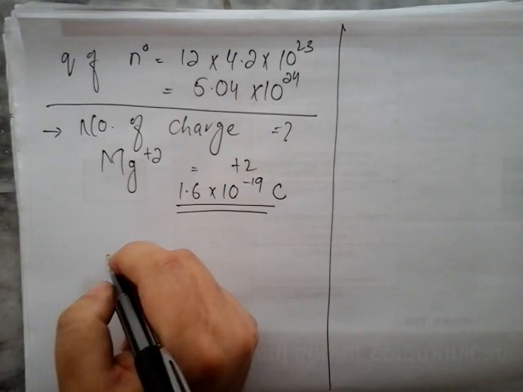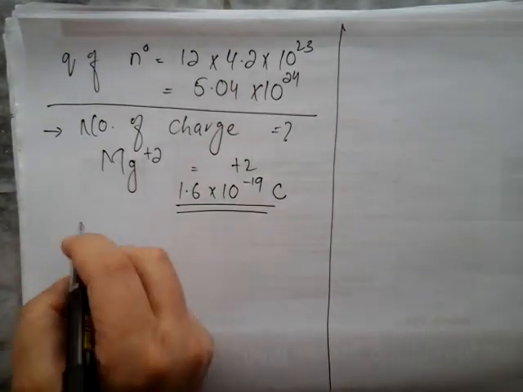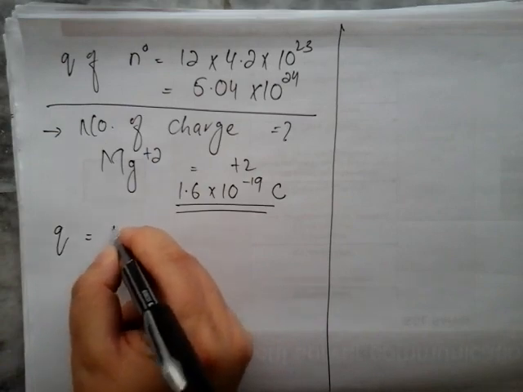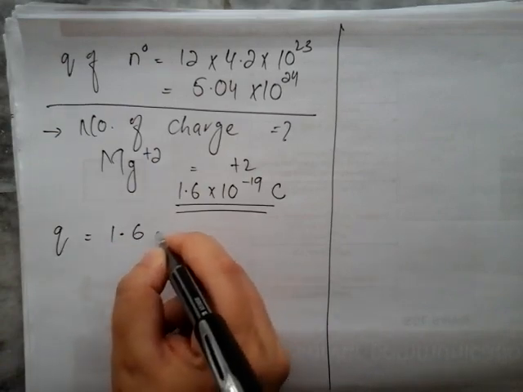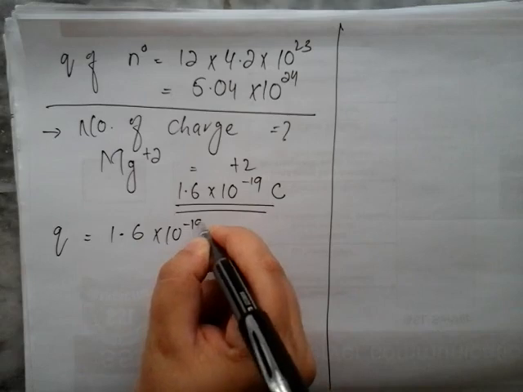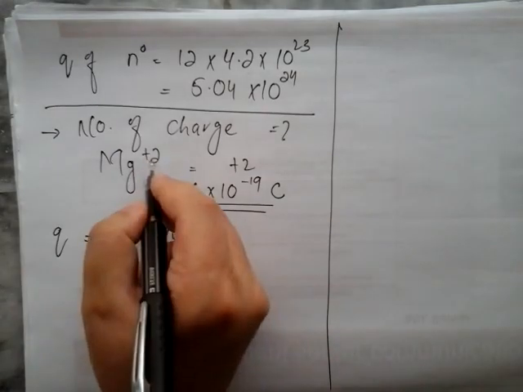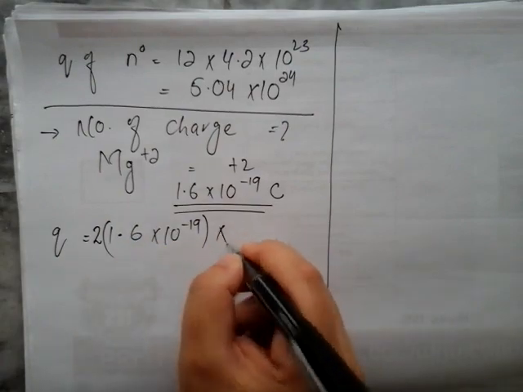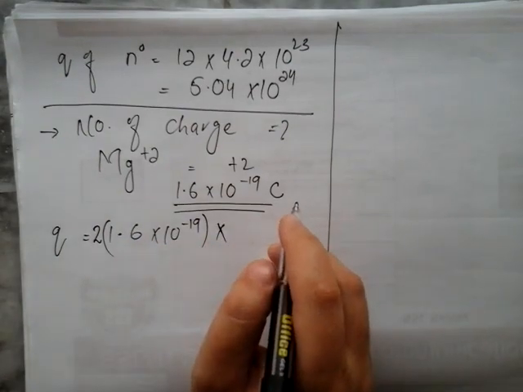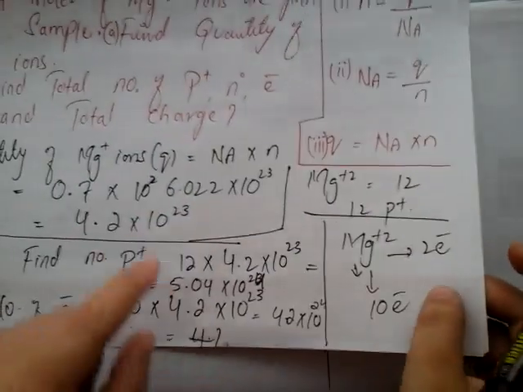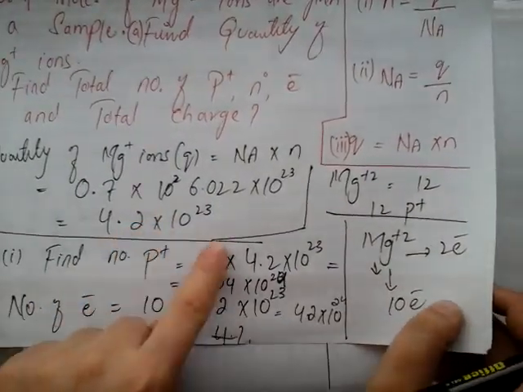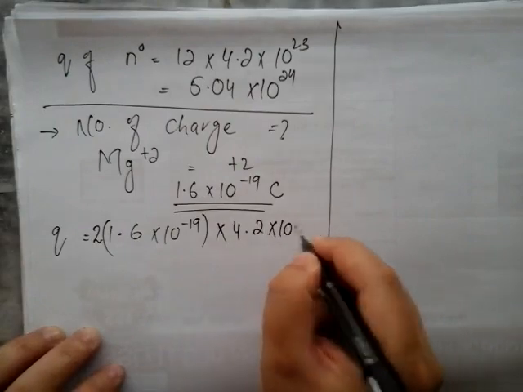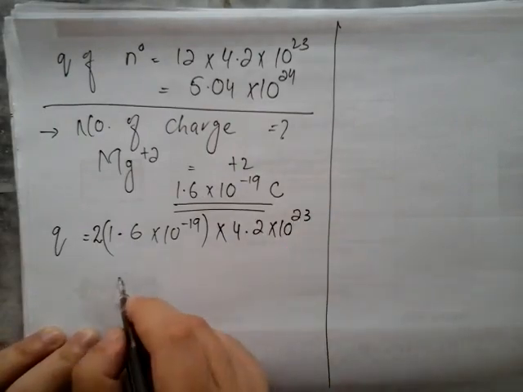So we will find the charge as 1.6 into 10 raised to power minus 19, multiplied by the charge on magnesium, which is 2, multiplied by the number of particles. The number was 4.2 into 10 raised to power 23, as we calculated earlier.